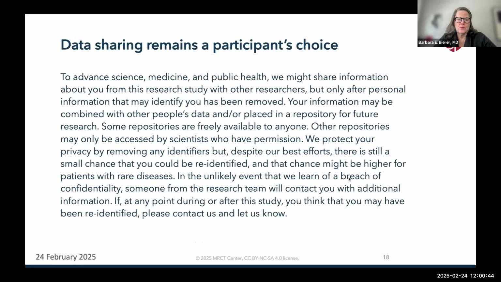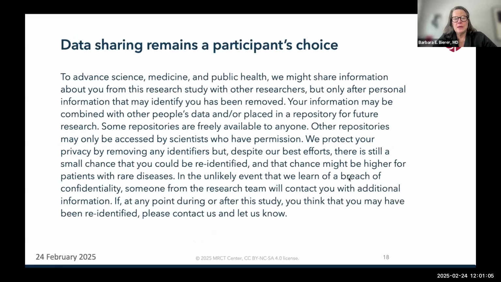And this is what we came up with. I'm sure it can be improved upon, but it reads something like this: to advance science, medicine, and public health, we might share information about you from this research study with other researchers, but only after personal identification that may identify you has been removed.